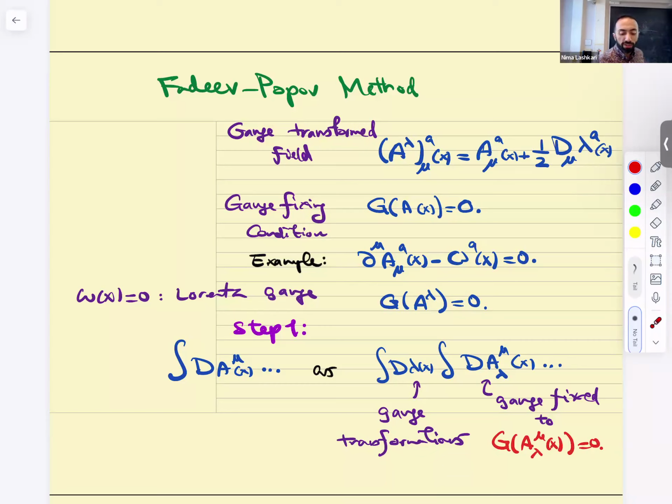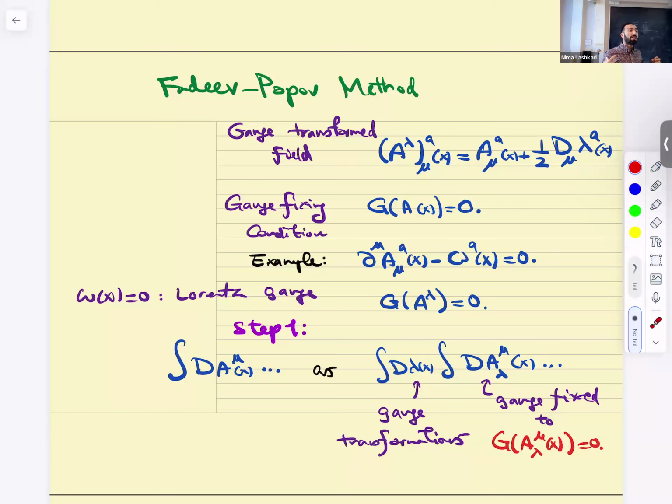I'm going to formally write it as g of A equals 0. More precisely, I'm going to use this equation: g of A lambda is equal to 0. It's a constraint I'm going to impose because lambda won't matter in my path integral.